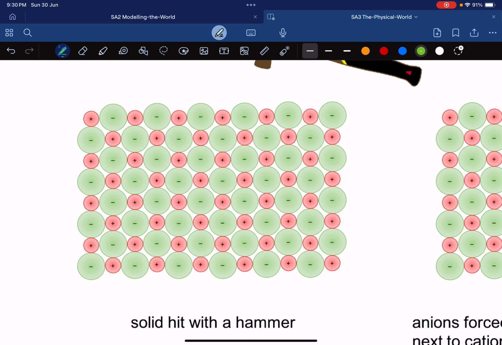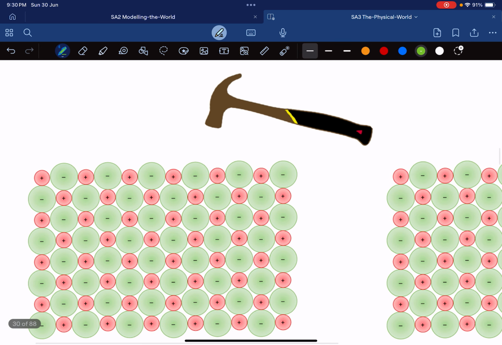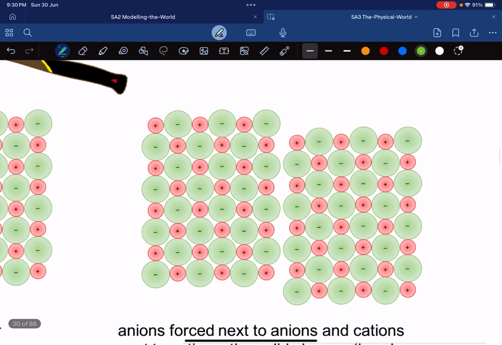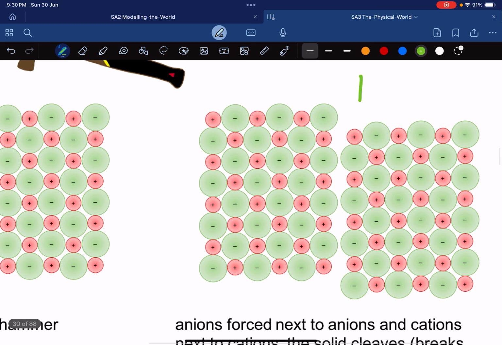That keeps them together. But when you take a hammer and you apply a force, even for a very short period, the layers can collapse, maybe just a little bit. And then suddenly ions with similar charges come face to face. When they come face to face, there will be repulsion.